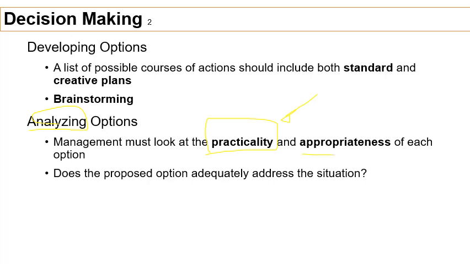Also, are the options that you have considered or created appropriate to tackle the decision that you are actually interested in, right? The one that we have defined before. Okay?